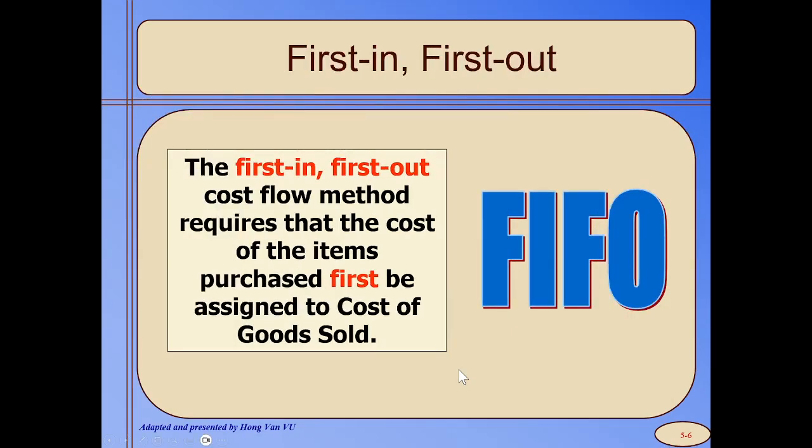And now the second, first in, first out, or FIFO. The first in, first out cost flow method requires that the cost of items purchased first should be assigned as the cost of goods sold.